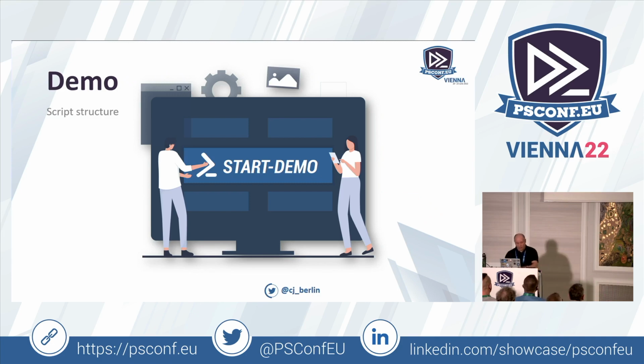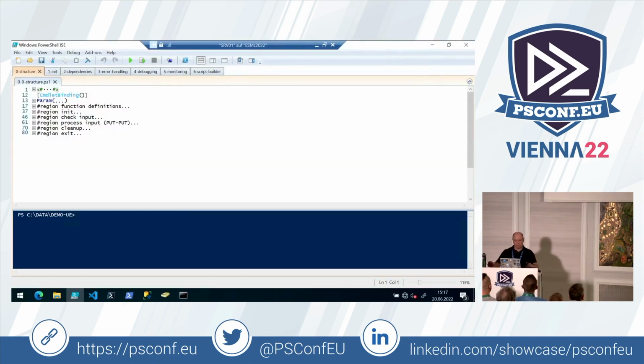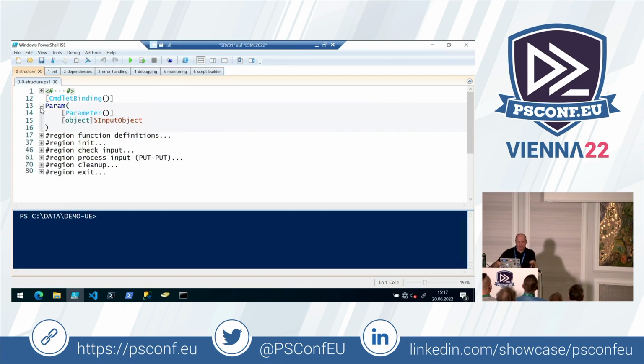And this results in a slightly convoluted structure, but this is basically what a script that conforms to my R-saving practices would look like. You accept some input objects, whatever it is.